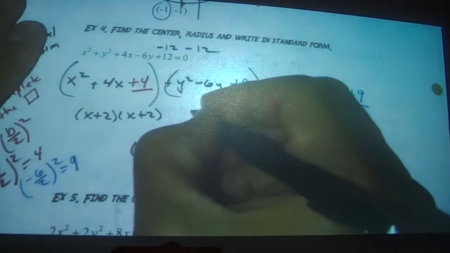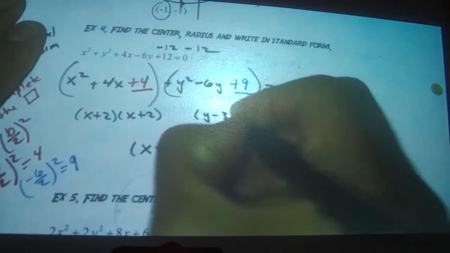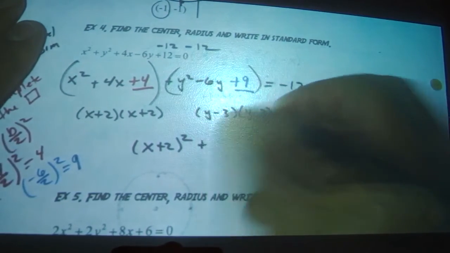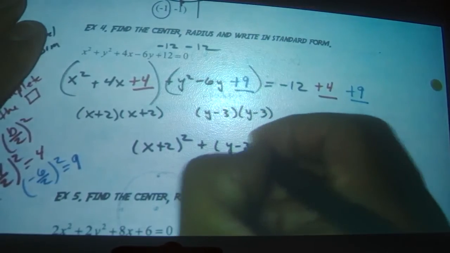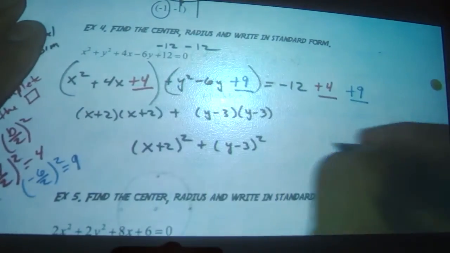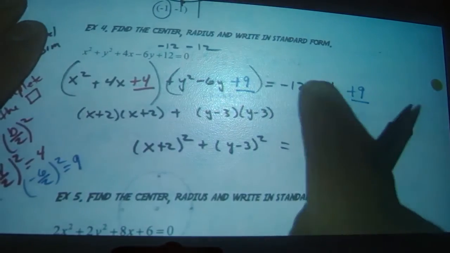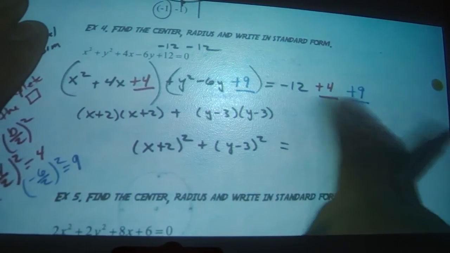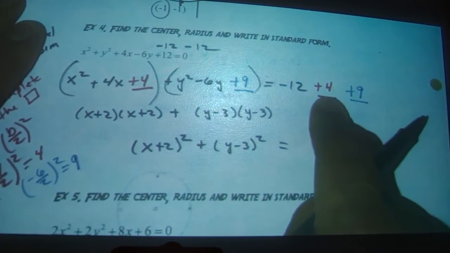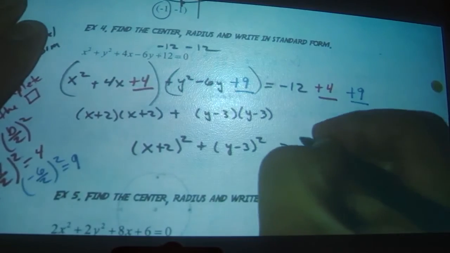Negative 3. So that's y minus 3 and y minus 3, or (y - 3) quantity squared. Good job, Caleb. And then finish up by adding these together. 9 plus 4 is 13. 13 minus 12 is 1.